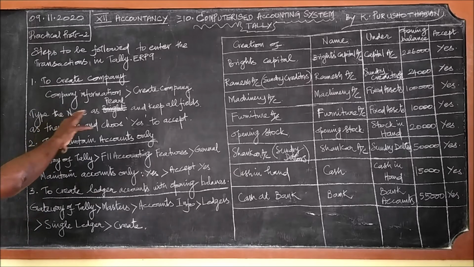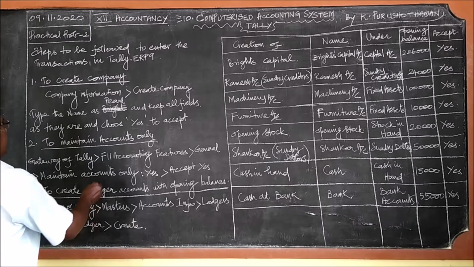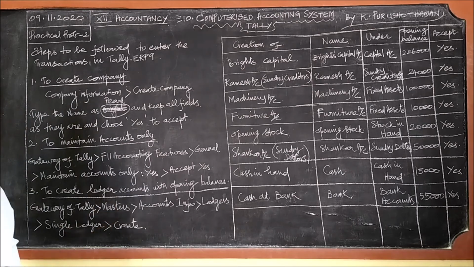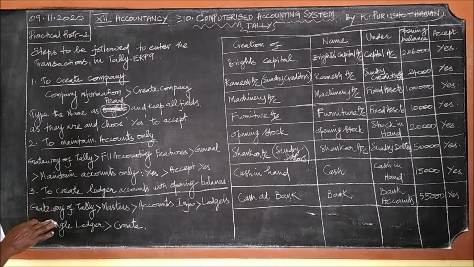Then from the general ledgers you go to the particular ledger and create it. These are the three common steps for all the problems. Only thing you should remember here, you should change the name according to the problem given. This is the only correction in the exercise problem when we compare it with the practical 2 problem.